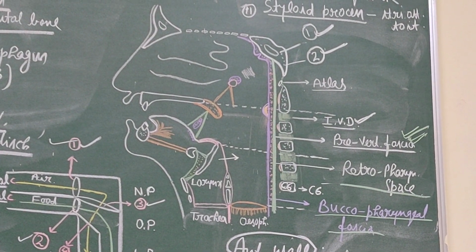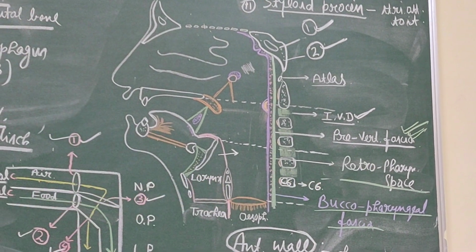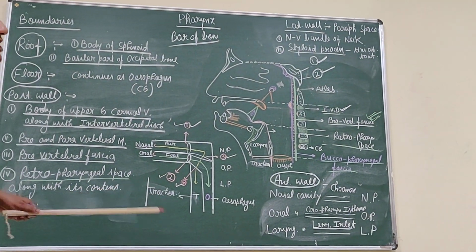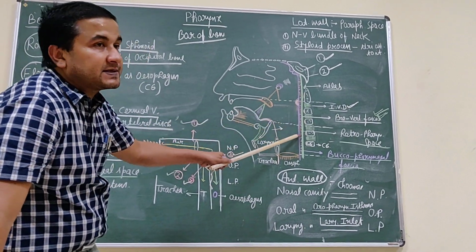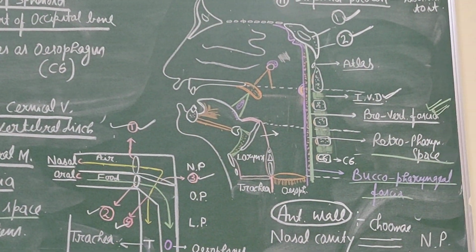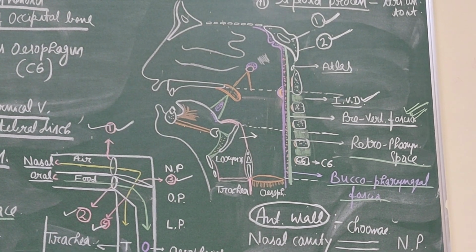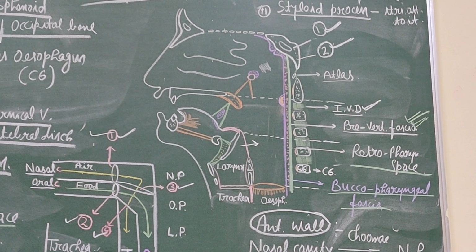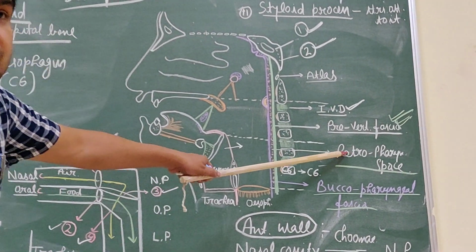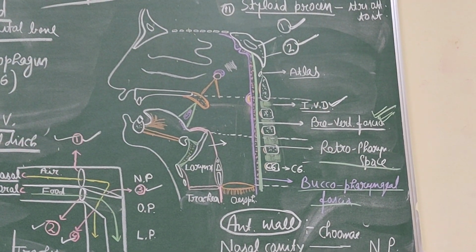So this retropharyngeal space, along with its contents, provides a dead space to the pharynx to allow the expansion of the pharynx during swallowing.